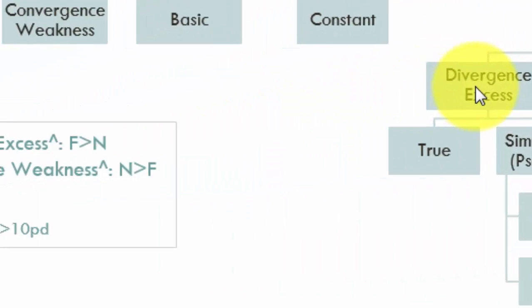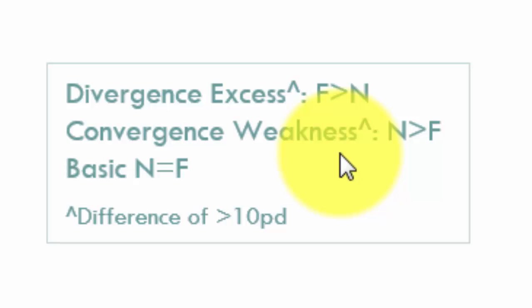And these terms are exactly as we see here, in that divergence excess always indicates the deviation is greater at far as compared to near, convergence weakness is always indicating that the deviation is greatest at near, and basic is always a term indicating that the deviation is the same or similar between near and far.